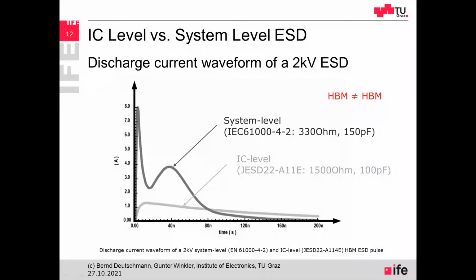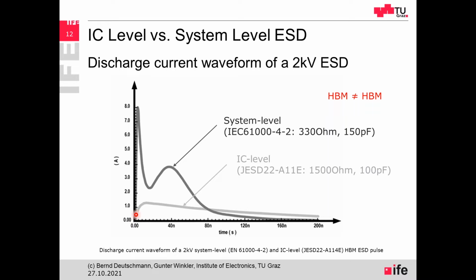So here on this slide, you can see the typical differences between the system level and the IC level HBM test. So both tests are simulating the charged human person discharging into an electronic system. On the IC level, directly discharging into an integrated circuit, and on the system level, very often discharging into a whole electronic system, not just one integrated circuit, for example.